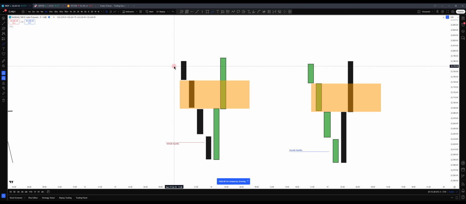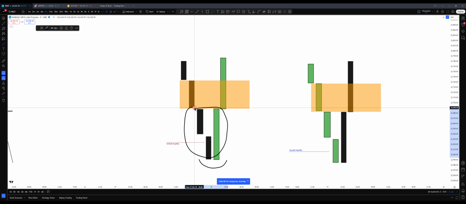All right? And something else is you will not have a PD array matrix here, meaning you will just see red slash black candles falling off to the sell side liquidity very quickly. No PD array matrix, no retracements, no nothing. But then quickly we get this formation right here.